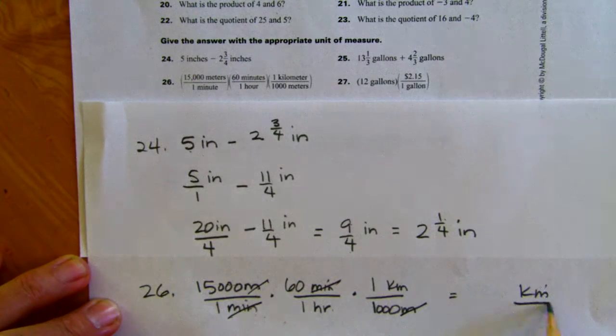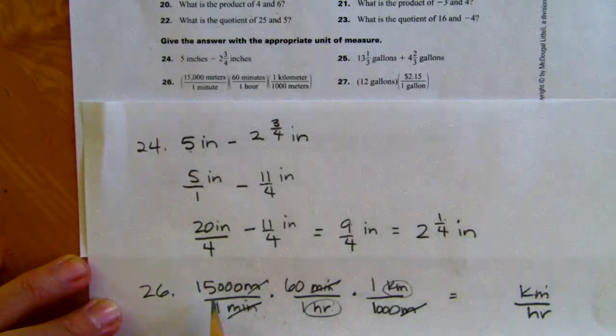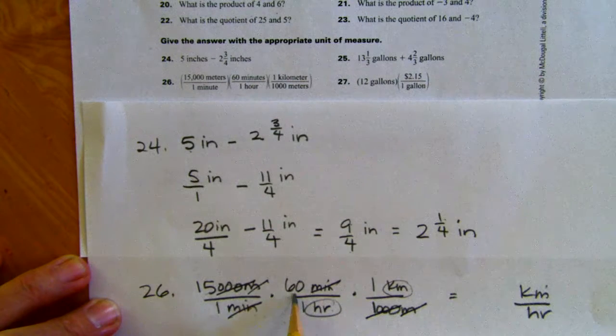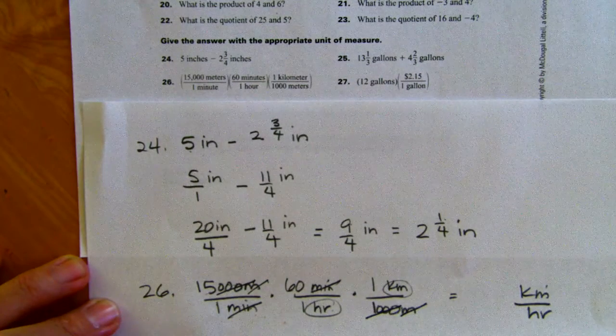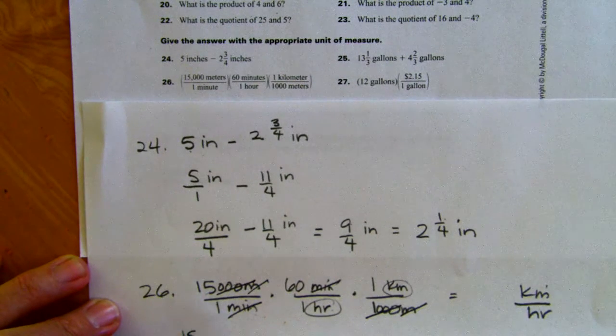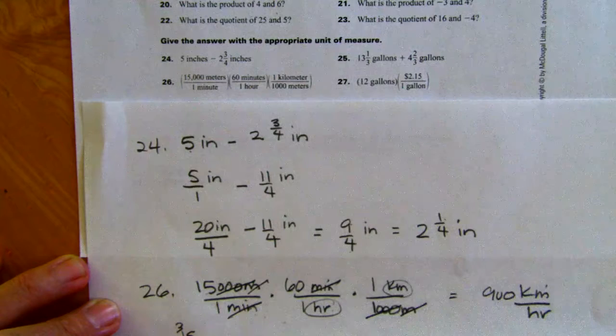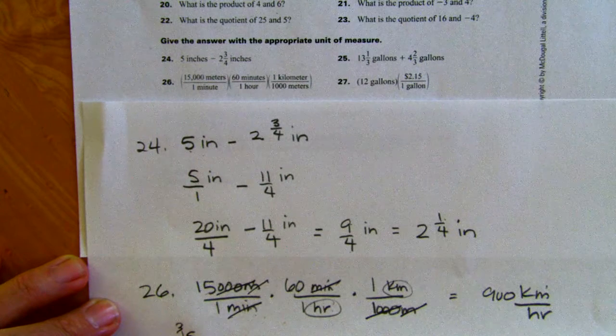I'm left with kilometers per hour, and 15,000 divided by 1,000 is just 15 times 60. We'll do the math in my head. 15 times 6 is 30, carry the 3, 90 plus an extra 0. 900 kilometers per hour.